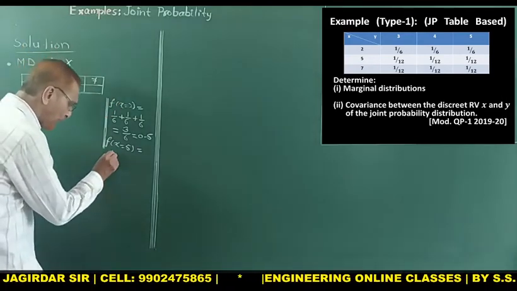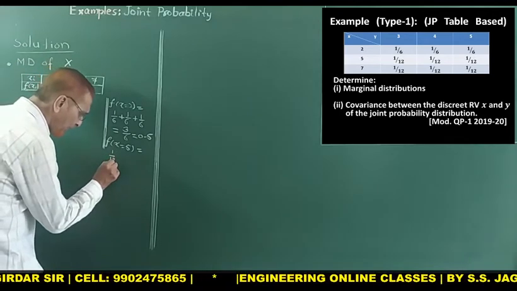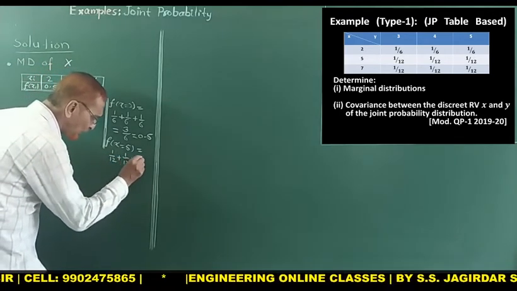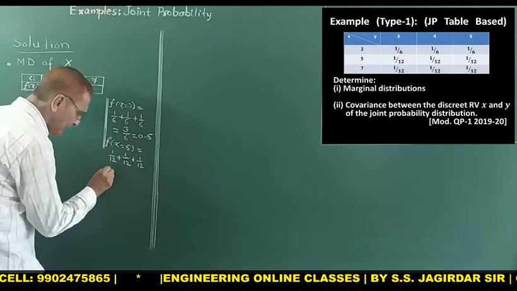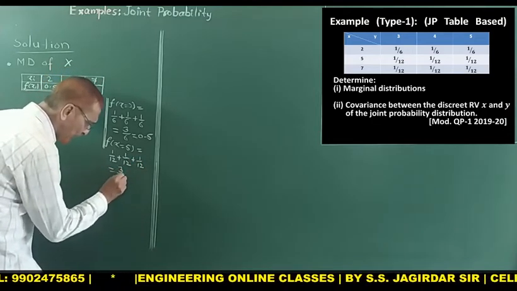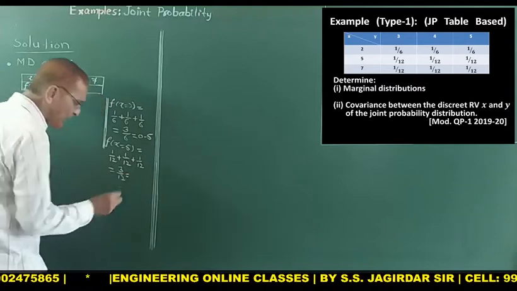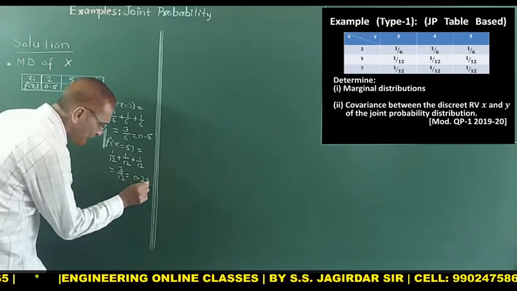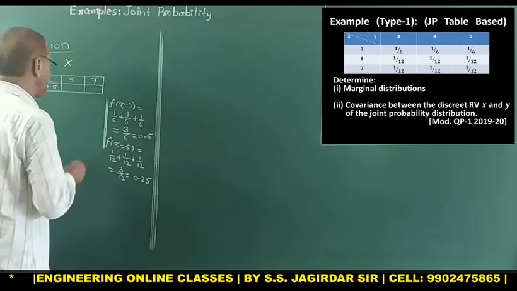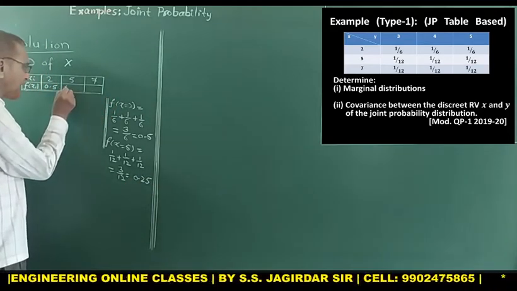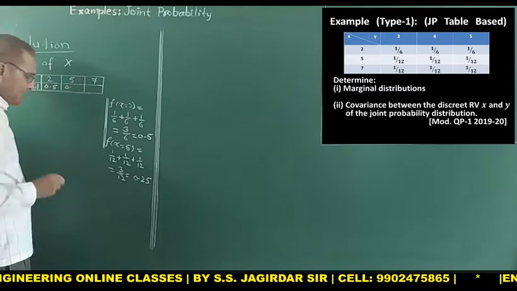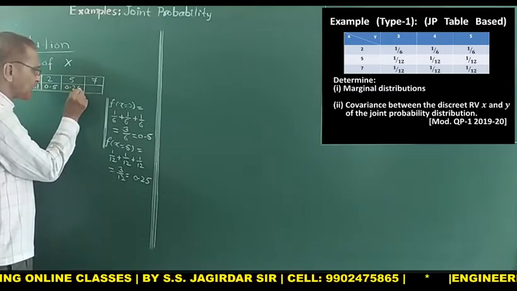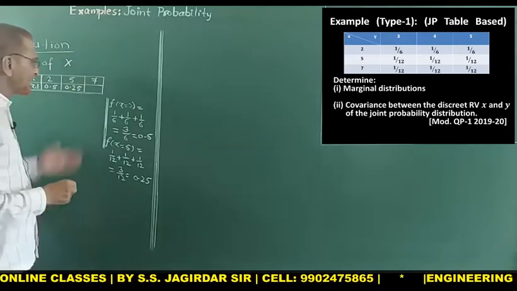So 1 upon 12 plus 1 upon 12 plus 1 upon 12 is equal to 3 upon 12, and 3 upon 12 means 1 upon 4, that is 0.25. So when 5 is the value of random variable x, the value of this probability function is 0.25.